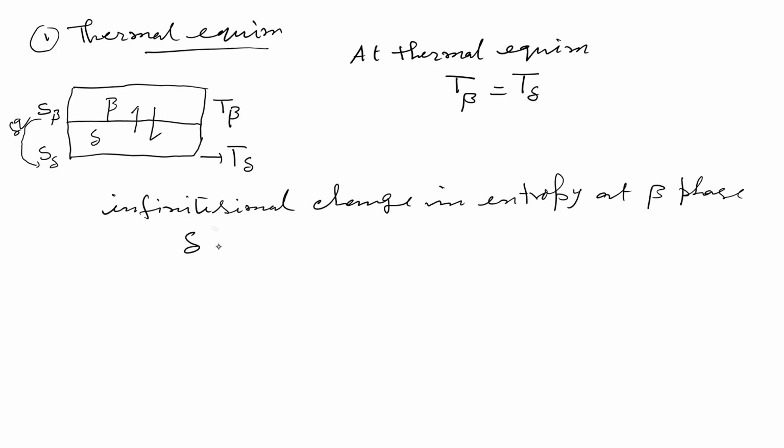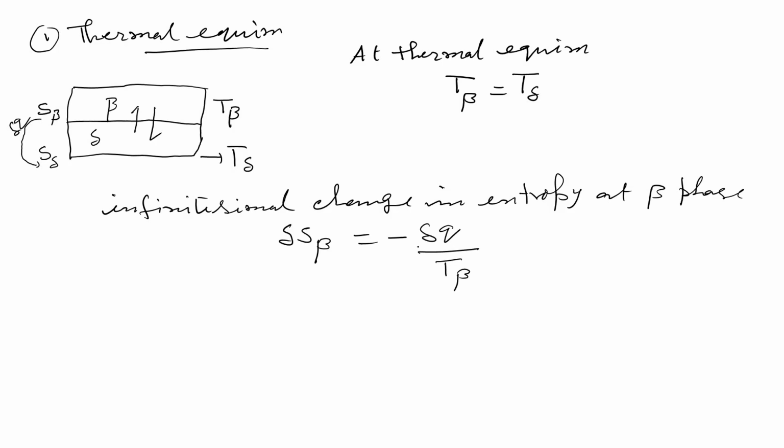Delta S beta will be equal to minus del Q by T beta.